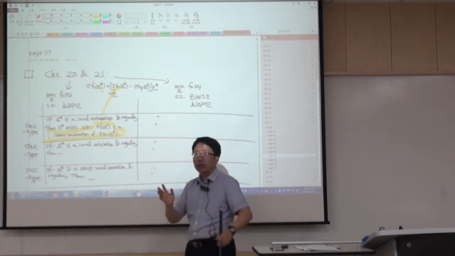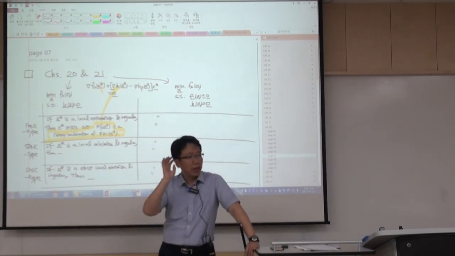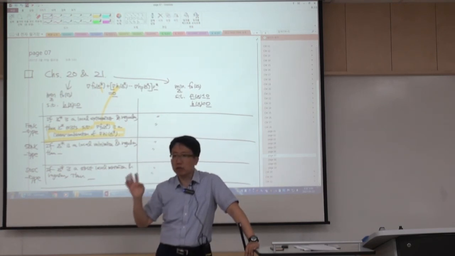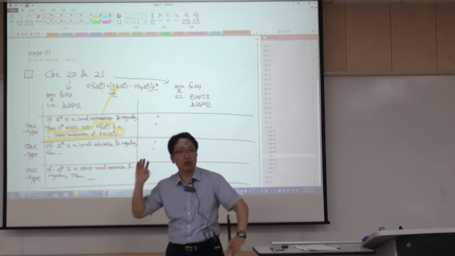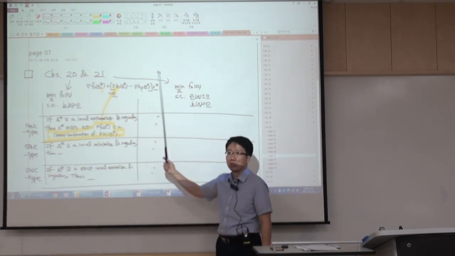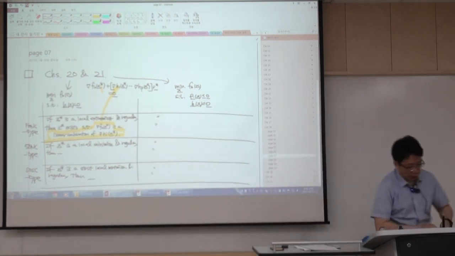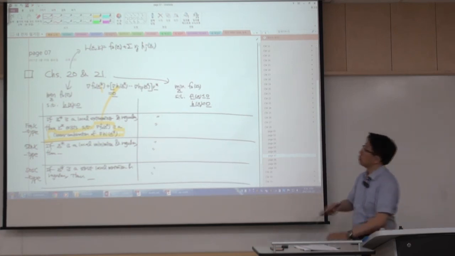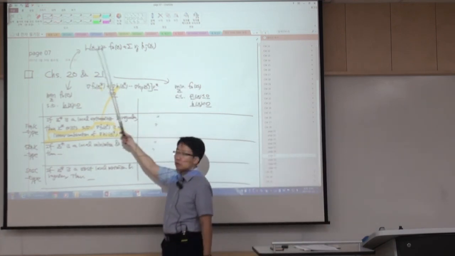You formulate the Lagrangian function L of x and nu, apply the derivative with respect to x and set it to 0. And actually that is the same as this one. You remember? The sum of nu j h j of x, right? This was the Lagrangian for this problem.